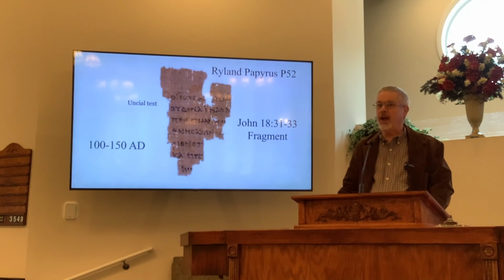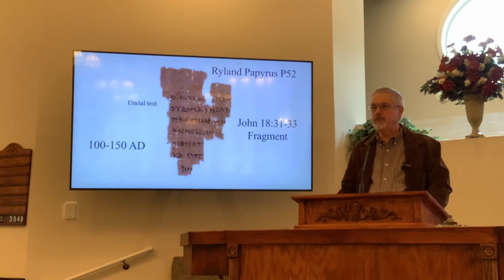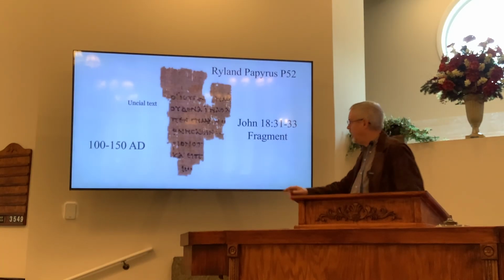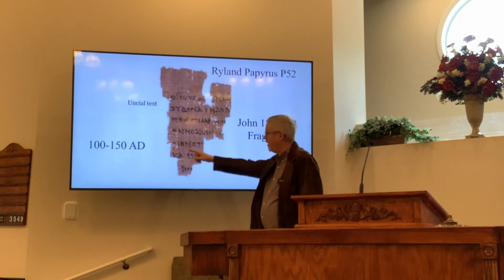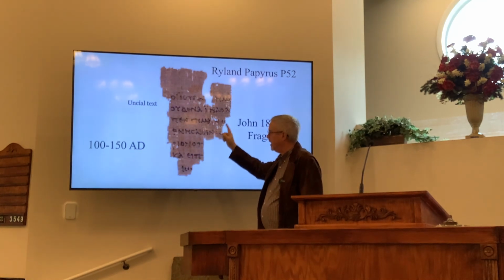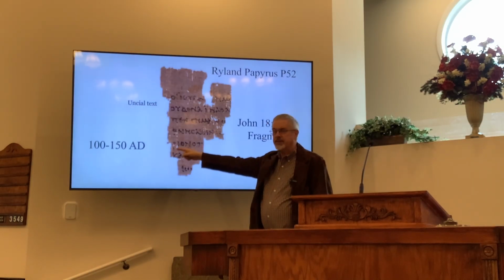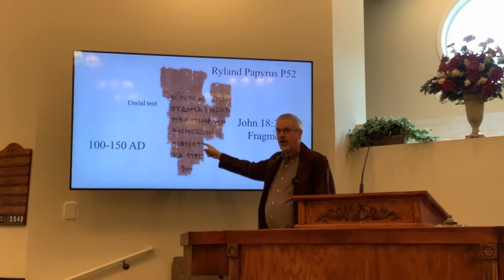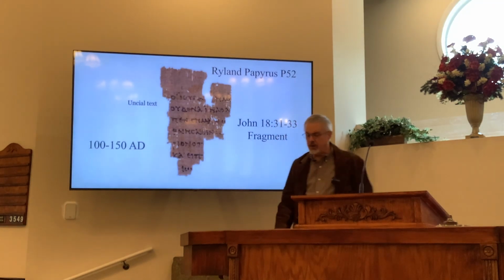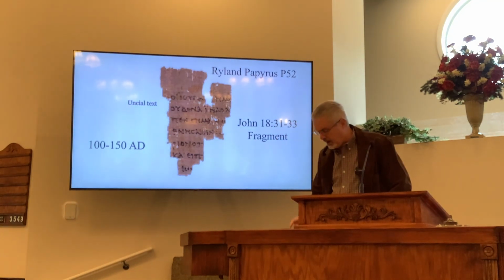Now, let's just ask a question. If you have fragments of the biblical text at 100, if you have a fragment that you can identify as the book of John, that tells you the book of John was around at this time and it was being copied. Because there are certain things that you can recognize right quick in the reading.